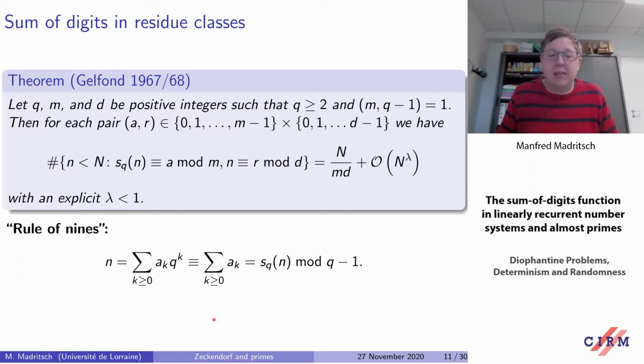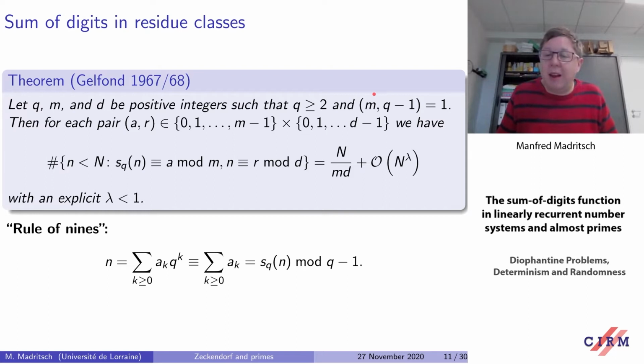In fact, this comes from the rule of nines. If you want to check if a number is divisible by 9, you look at its sum of digits. If the sum of digits is divisible by 9, then the number is divisible by 9, and this you can generalize to the q-adic expansion: the sum of digits of n is congruent to n modulo q minus 1.